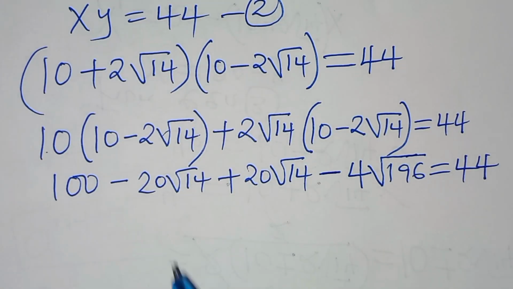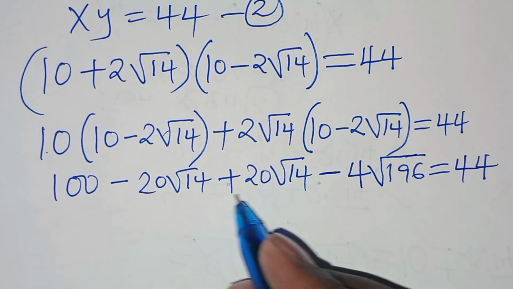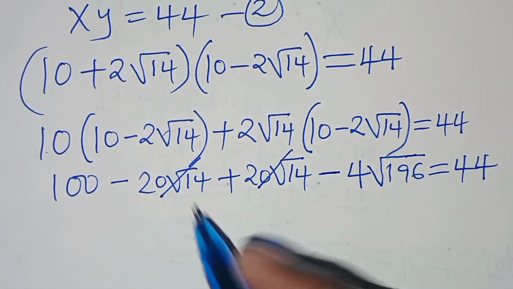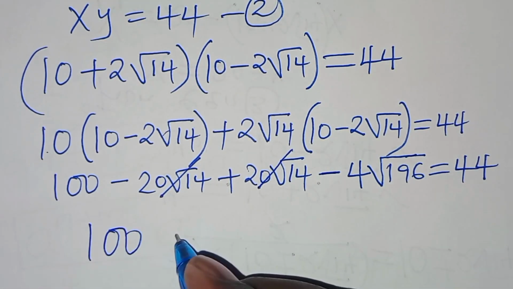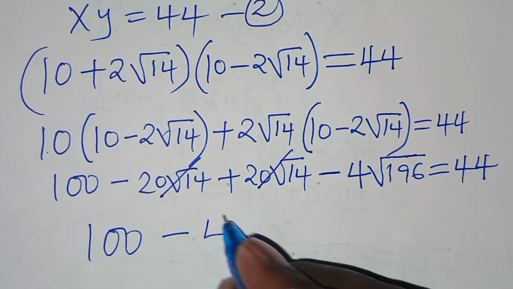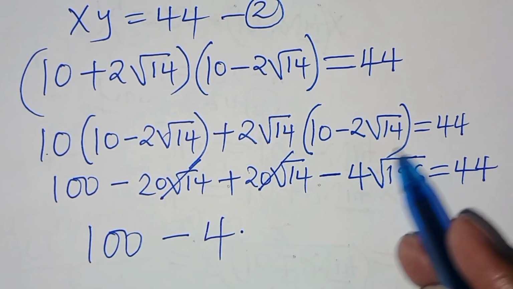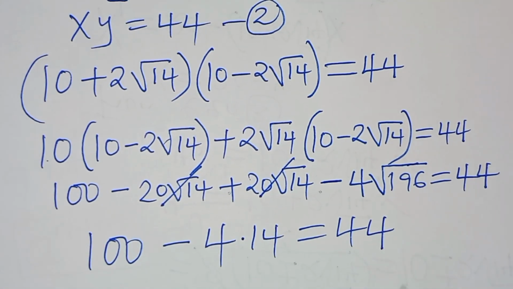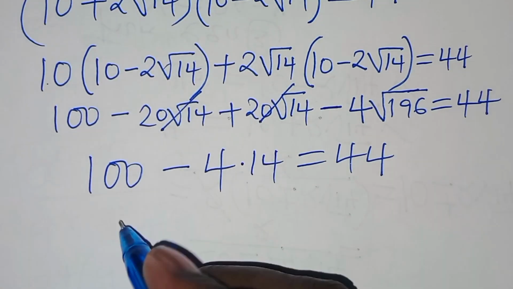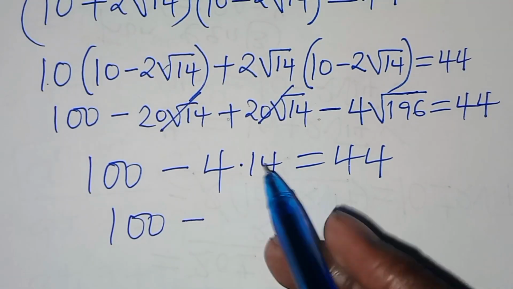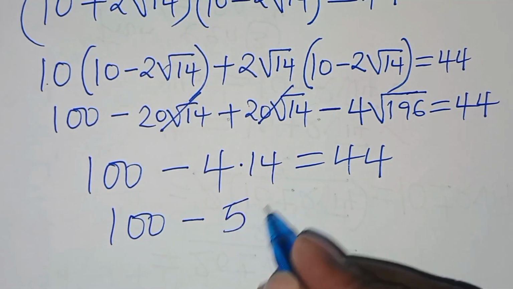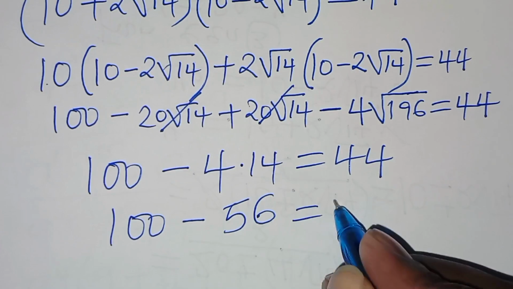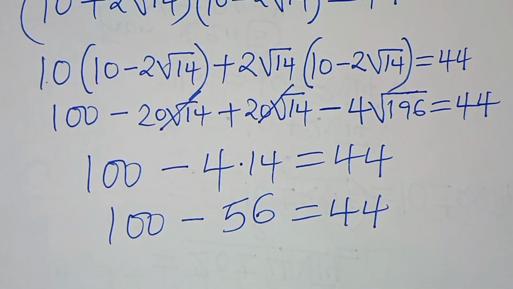The next step here, negative 20 square root of 14 plus 20 square root of 14, this simplifies. So you will have 100, subtract 4, multiplying by square root of 196, this is 14, and this should give us a value of 44. So here we have 100, subtract 4 times 14, this is 56, and this should give us a value of 44.